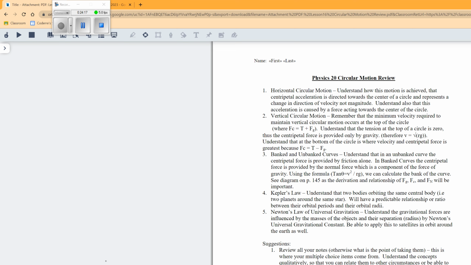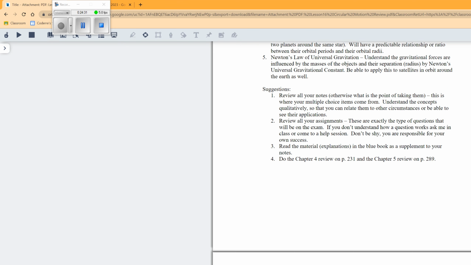Kepler's law, remember, you're only really going to see multiple choice stuff about Kepler, and that's kind of in satellite terms. And then there's some suggestions for things for you to do to review.